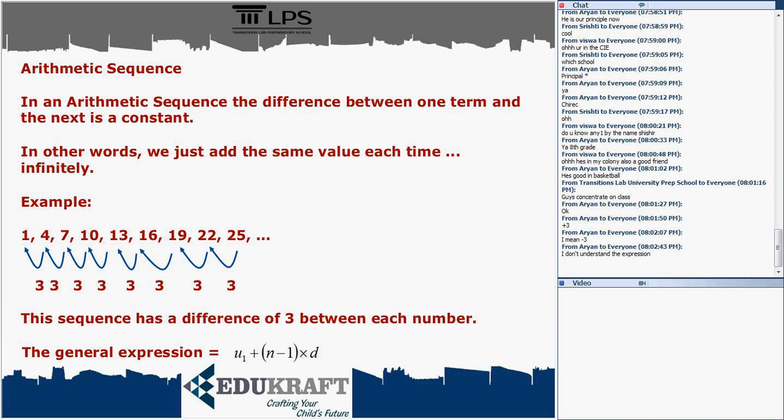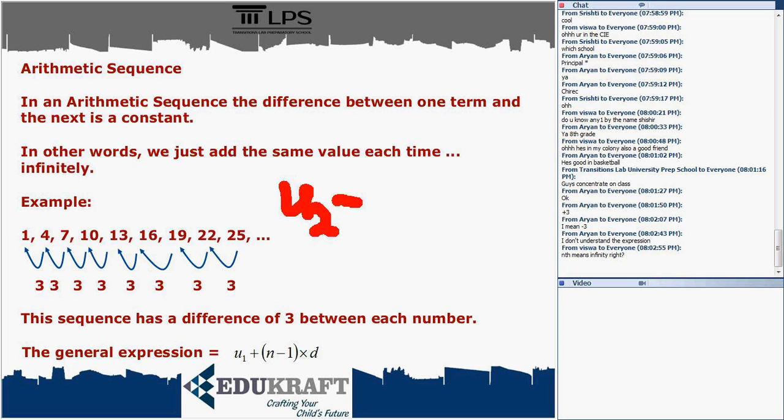For example, in the above sequence, if I find the second term, it is the first term plus 2 minus 1 times the common difference, which is 3.